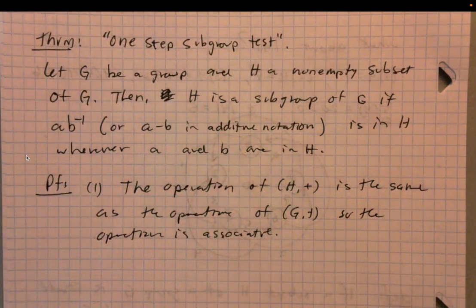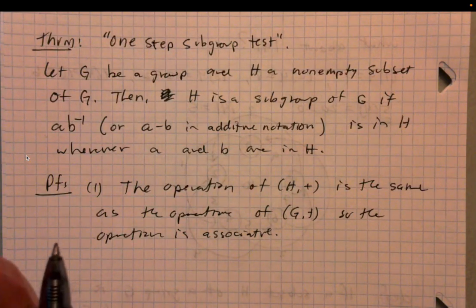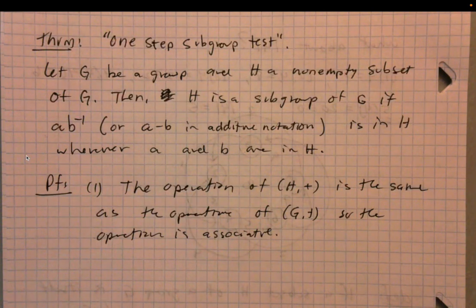If G is a group and this is the same operation being used on a subset of G, then obviously if it's associative for G, it's associative for the subset.